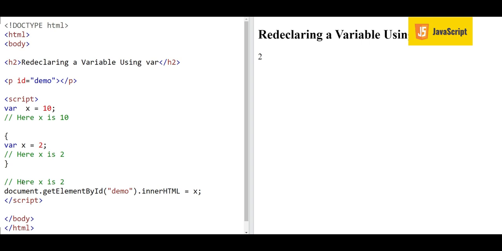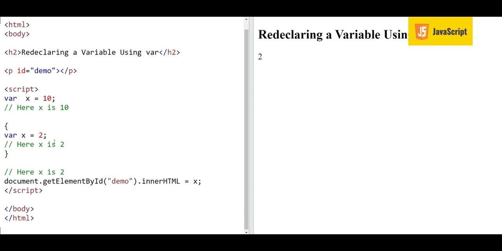It will not be 10, because variables defined with the var keyword do not have block scope. It will override the value of x, which was declared as 10 before the start of the curly brackets. So here the value will be 2, as you can see.